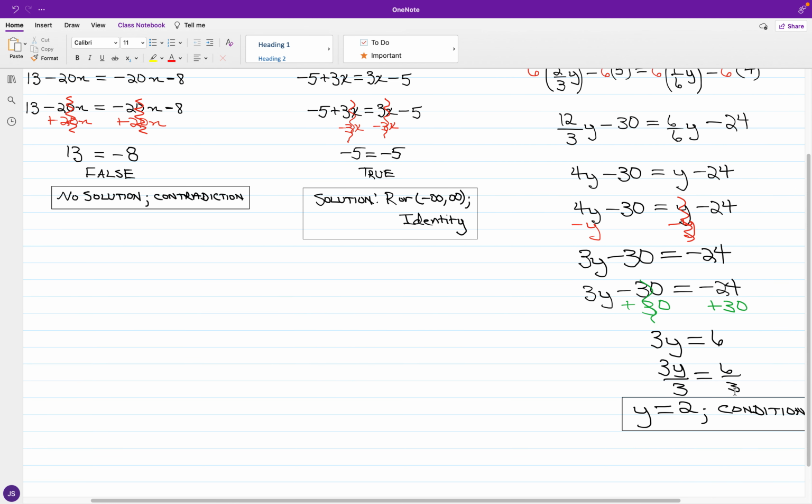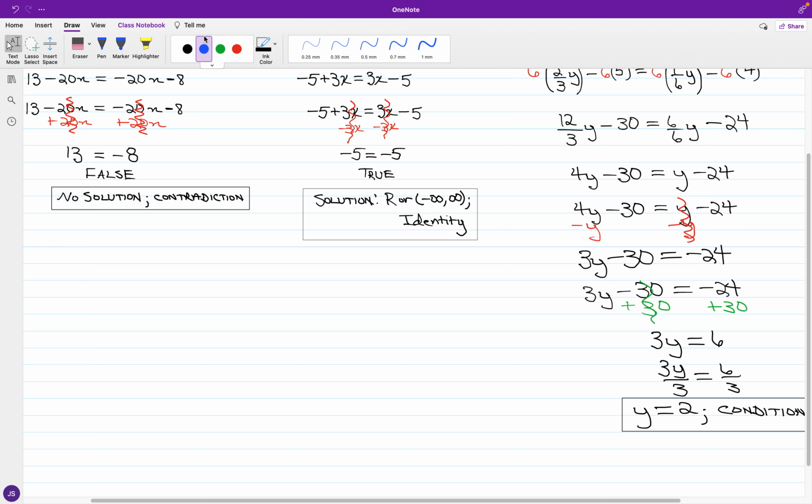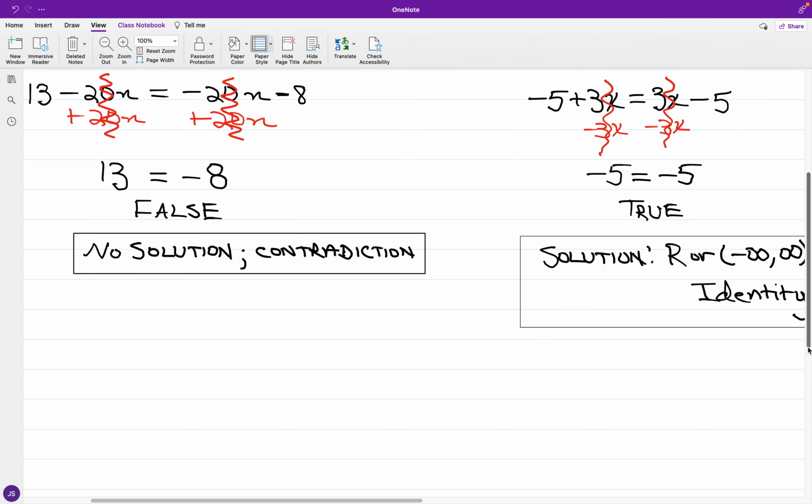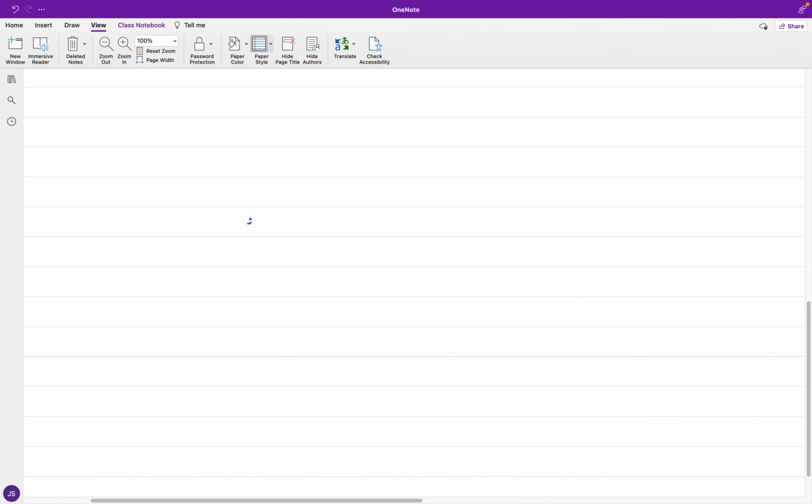For quadratic equations in standard form, a quadratic equation is a second degree equation whose standard form is ax squared plus bx plus c is equal to 0, where a does not equal 0. We need that x squared term to exist.